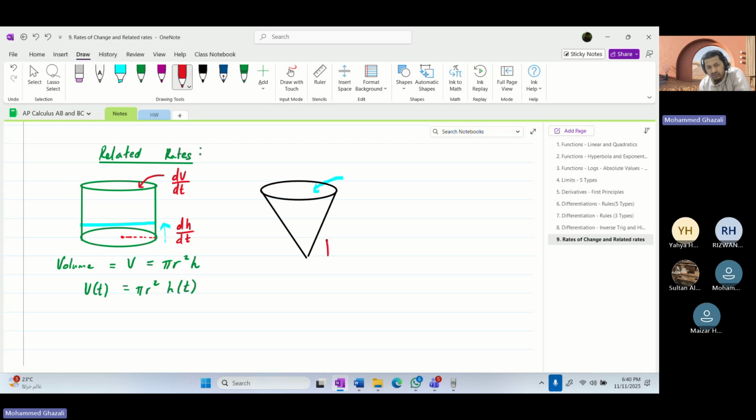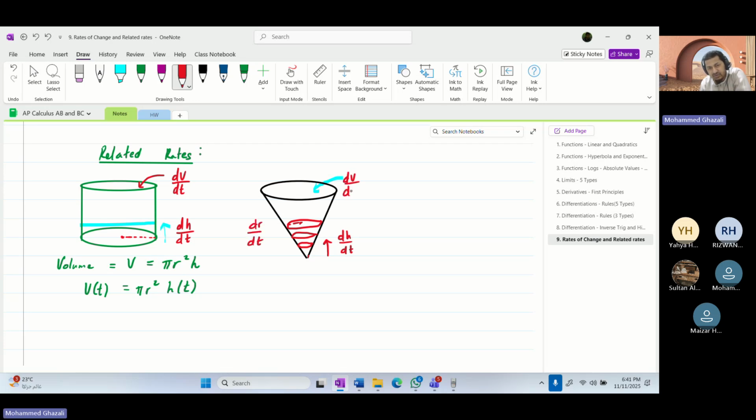Now, if you're going to try to change the height, see, the radius keeps on changing. Can you see the radius at each water level? So you're going to have dh/dt, and for the radius, which keeps on changing, you're going to have dr/dt. And you're going to have dV/dt.